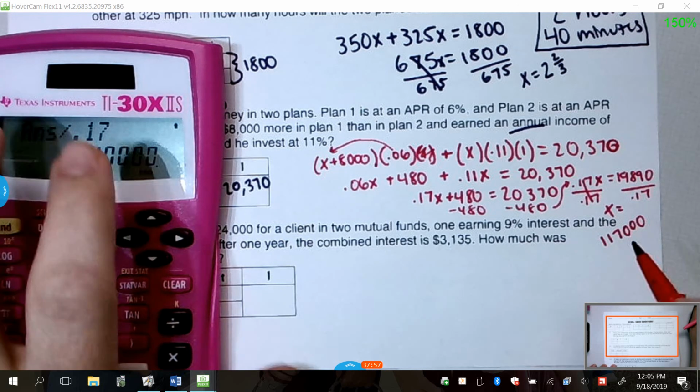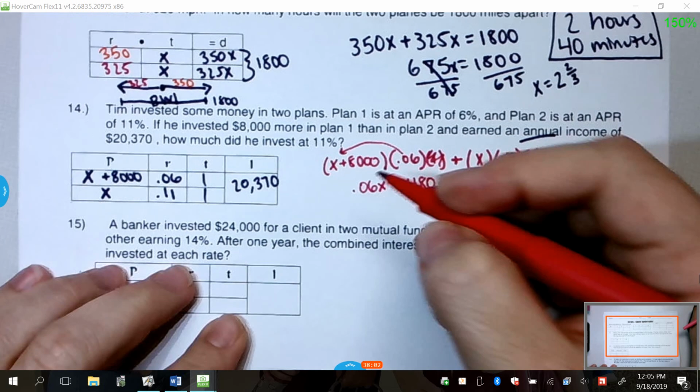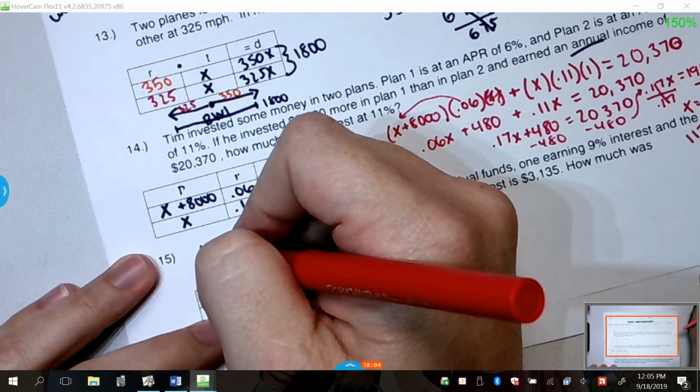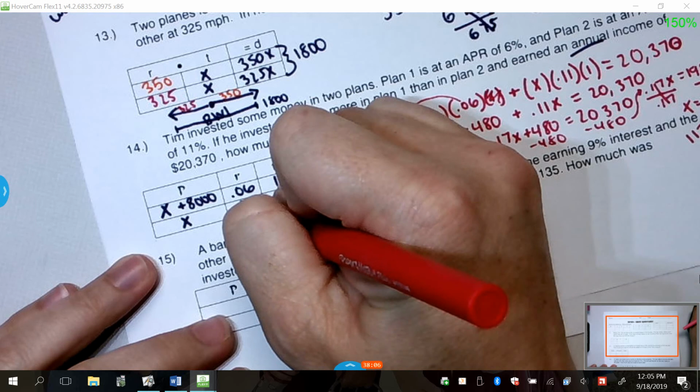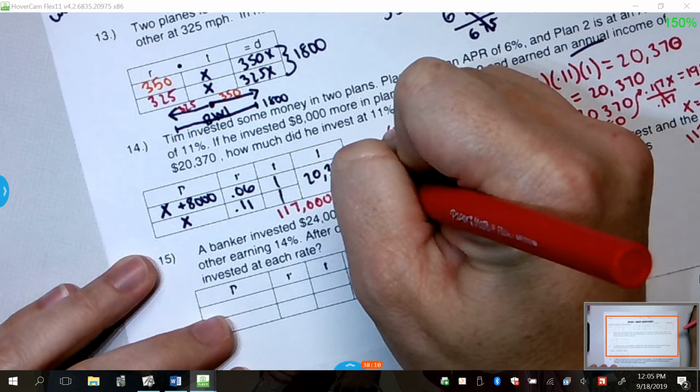So it asks me how much did he invest at 11%. That is what x is. So he invested $117,000 at 11%.